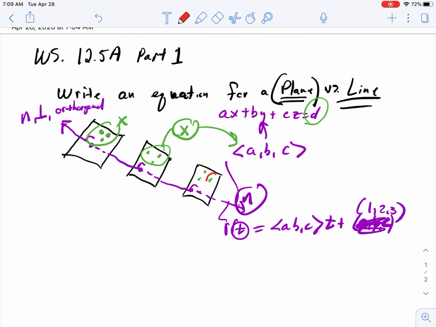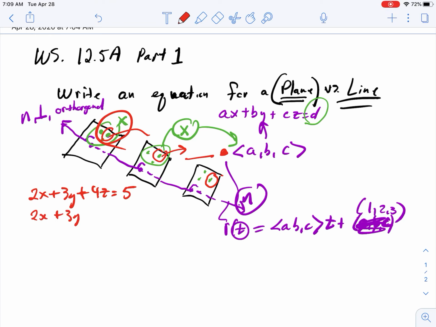Well, the easiest way is to take one of these points, say this point here, and do the dot product of that. As an example, if you have 2x plus 3y plus 4z equals, let's say, 5, that might be this one here.